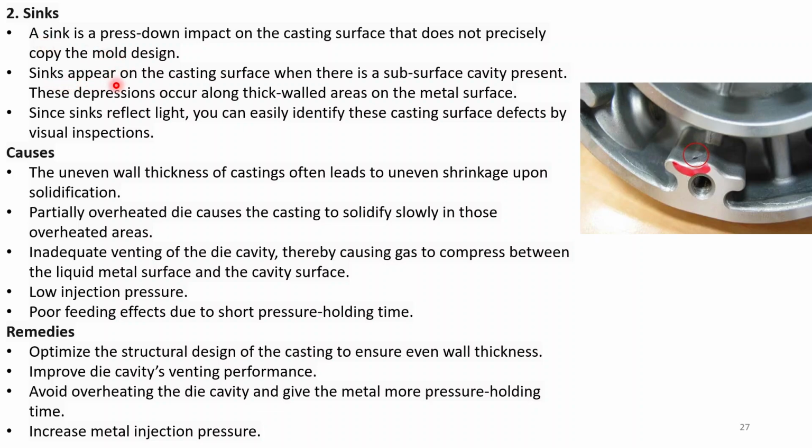So sinks appear on the casting surface when there is a subsurface cavity present, and their depressions occur along thick walled areas on the metal surface. Since sinks reflect light, you can easily identify these casting surface defects by visual inspection.